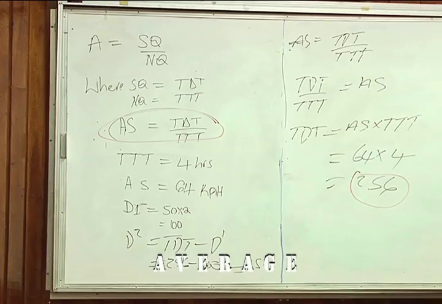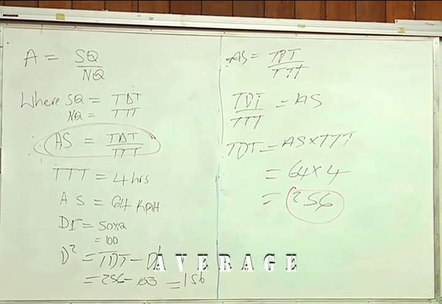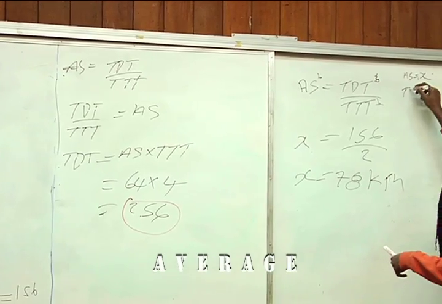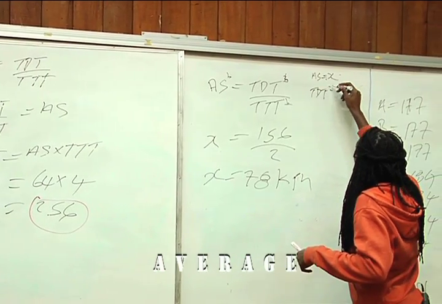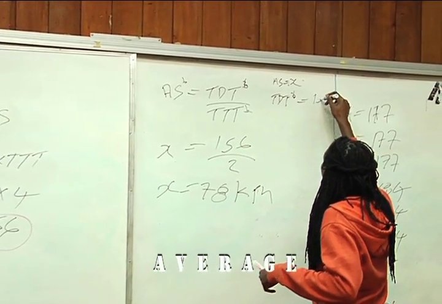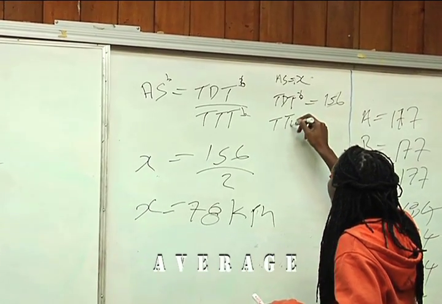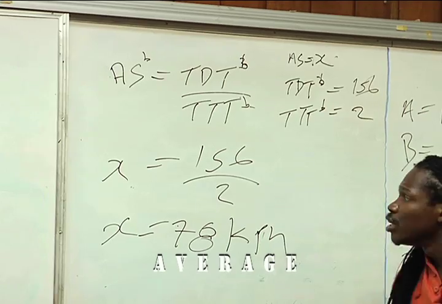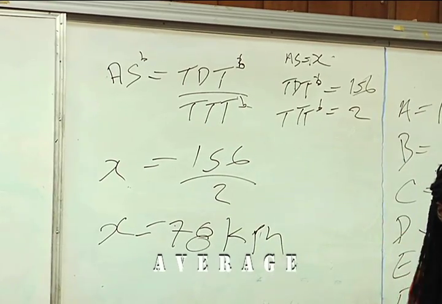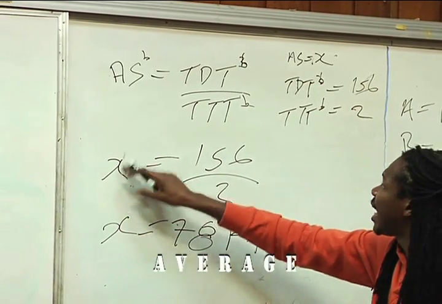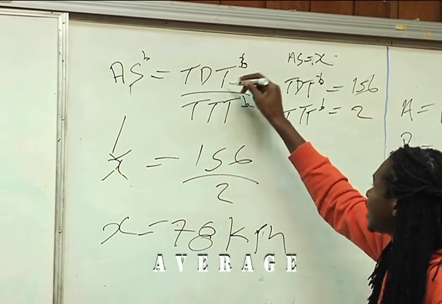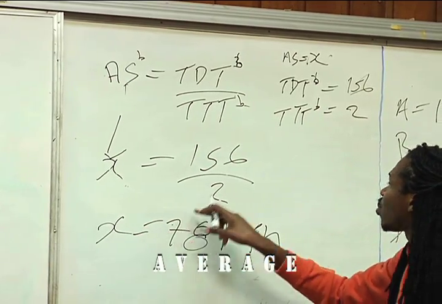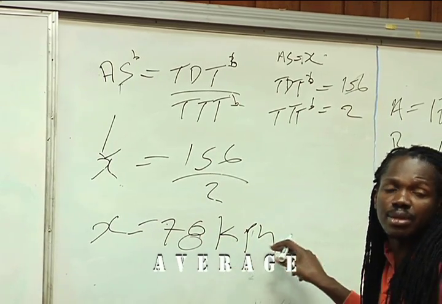So we know that if this is the formula, where AS equals X, TDT for B equals 156, and TTT for B, which is total time, equals 2, we can put it in our formula. Average equals X, TDT 156, TTT 2, that means that X equals 78 kilometers per hour.